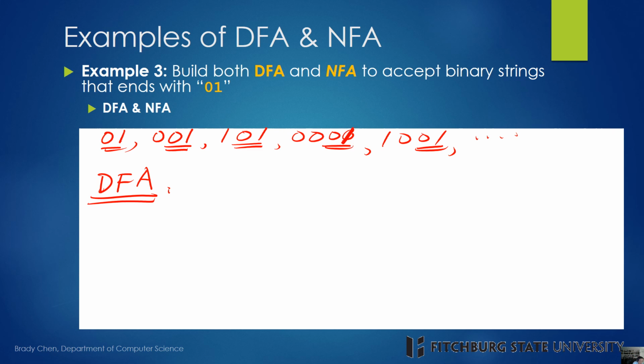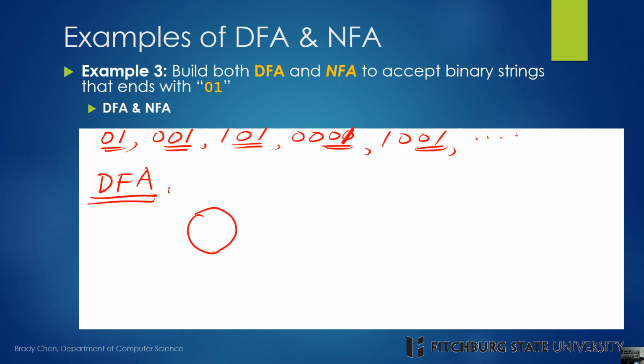For the deterministic finite automata, we have to make sure that for the transition function, if the current state is A, then we need to define the unique next state for every input value. So with the current state, we have to define the function that gives the next state for every input value.